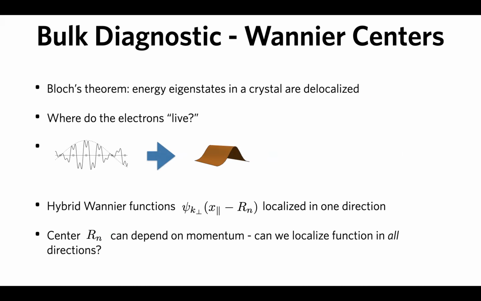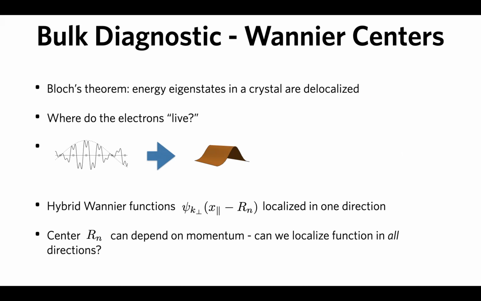Schematically, I'll go from some extended Bloch wave like this to something that's a wave packet in one direction and extended in the others. I'll call the direction where things are localized the parallel direction, perpendicular directions are the others, and these hybrid Wannier functions, I can make them, and they're centered at some positions Rn in the unit cell indexed by the parallel direction.